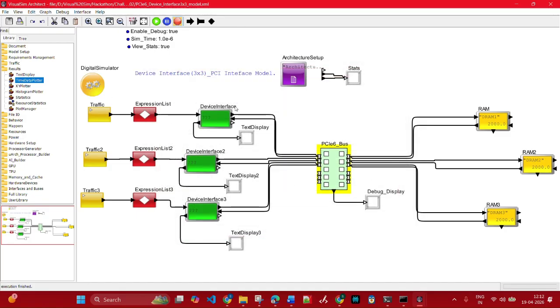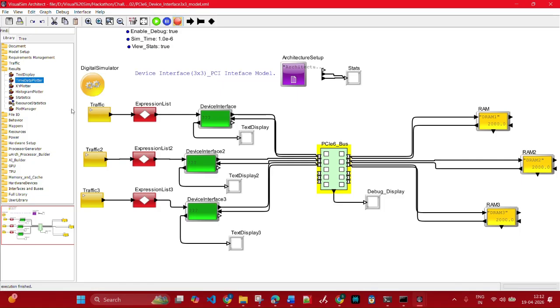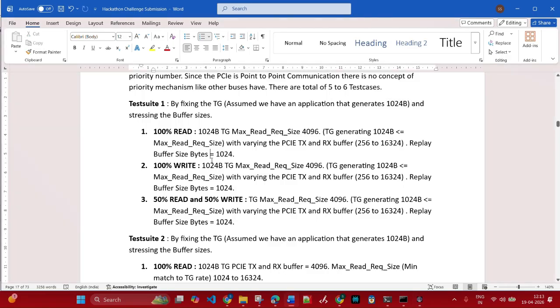What happens when I generate transactions from TG1, TG2, TG3? Moreover, in this scenario, it can route to any of the transactions. The TG1 transaction can go to DRAM1, DRAM2, or DRAM3. Similarly for traffic 2 and traffic 3.